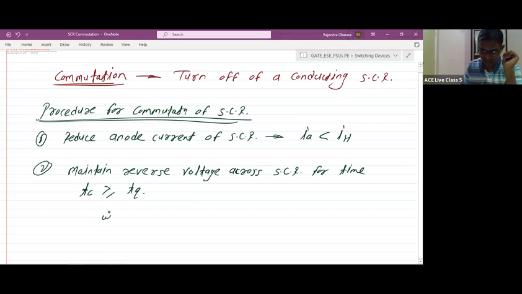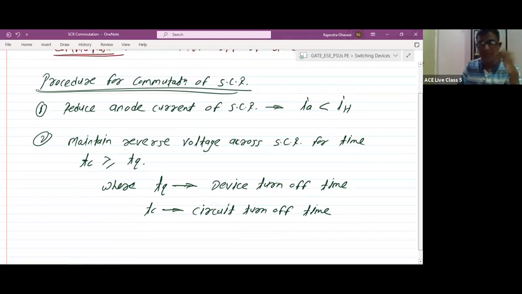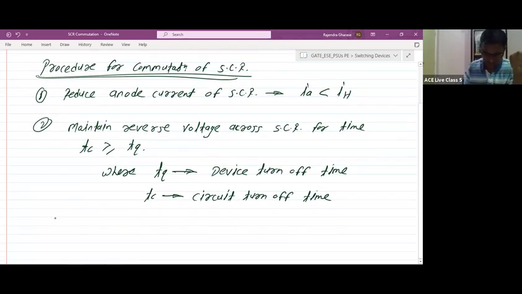Let me write, where TQ is the device turn off time, and TC is the circuit turn off time. Okay, so let us discuss how to find the TC, the circuit turn off time.